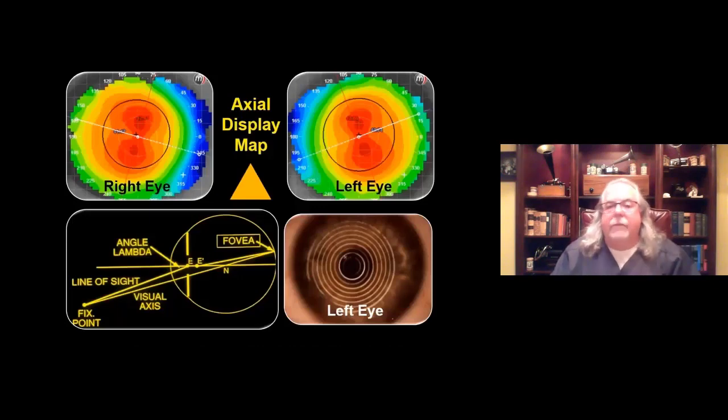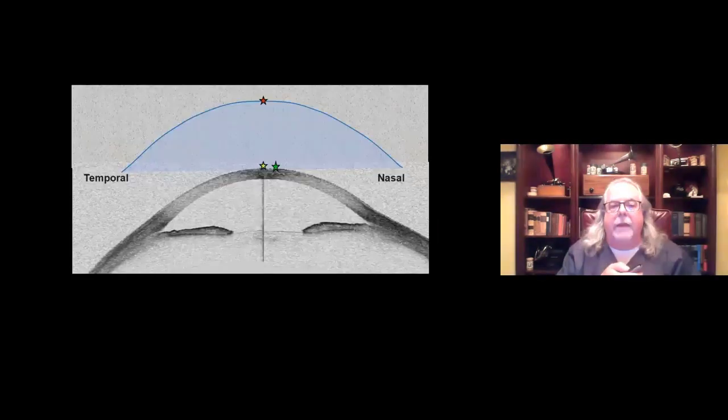But today we know that the human line of sight is not located temporally, but it's actually located nasally. So what we've done here in this little cartoon to clear this up for you is we have marked the geometric center of this scleral lens here on top.